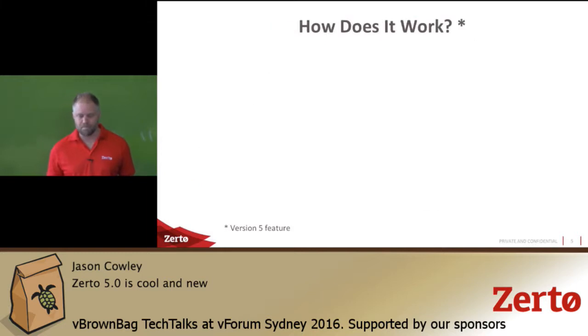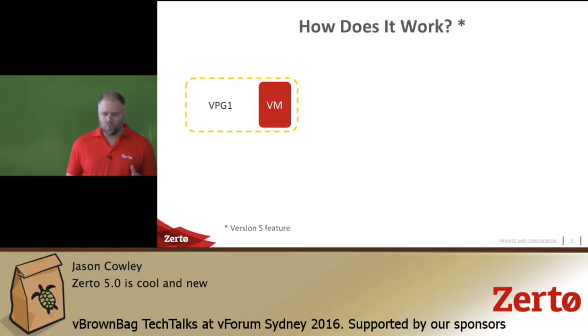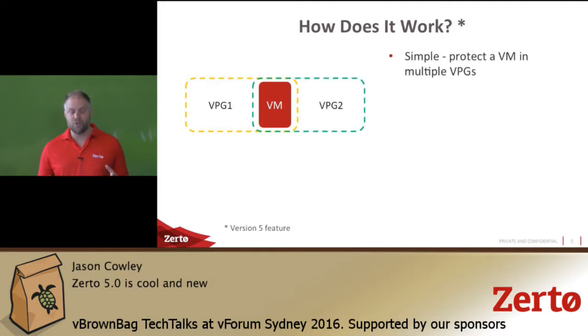Okay. So how does that work? Within Zerto Virtual Replication, we have a construct called a VPG. So a VPG is basically a consistency group, okay? So what we are able to do, and it's pretty simple, is we're able to now use a virtual machine and add it to multiple VPGs, okay? What this means is that we can now have different targets per VPG.